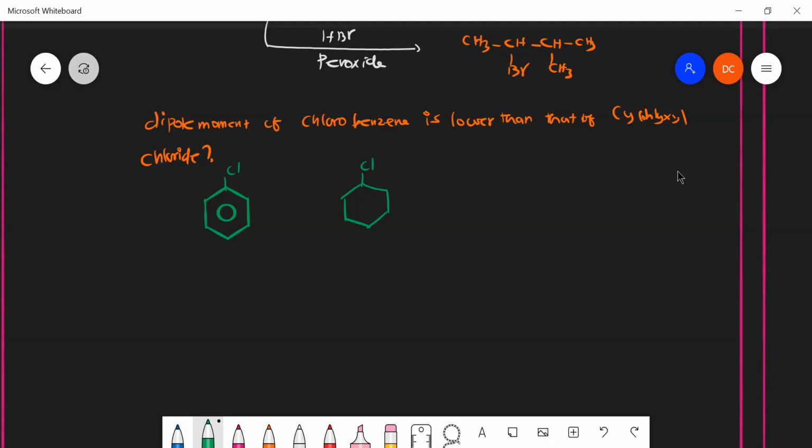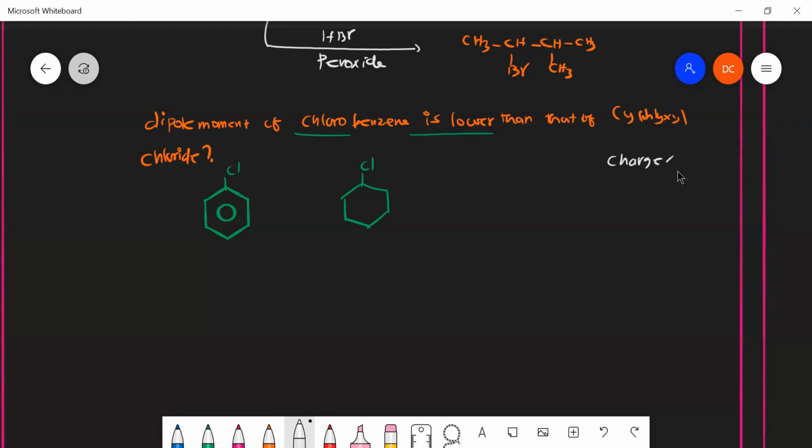Which will have the stronger bond here? So the dipole moment of chlorobenzene is lower. They told us that it is lower. Why is it lower? That's the question. Dipole moment means charge into distance, we know that.